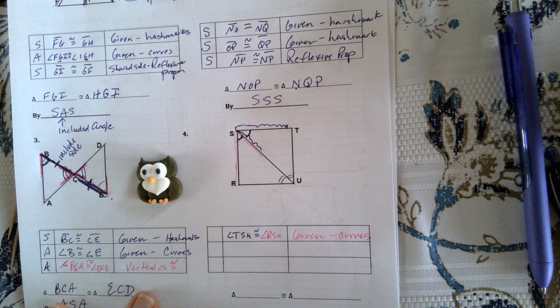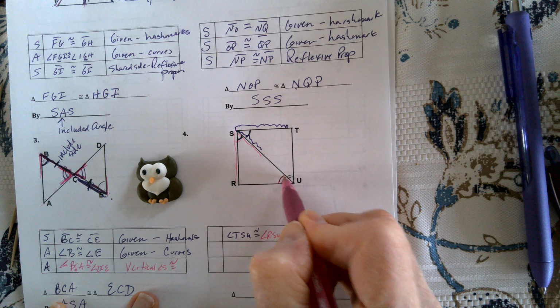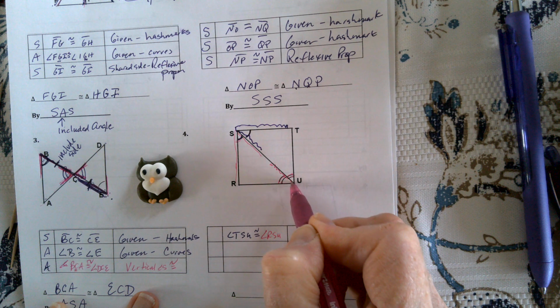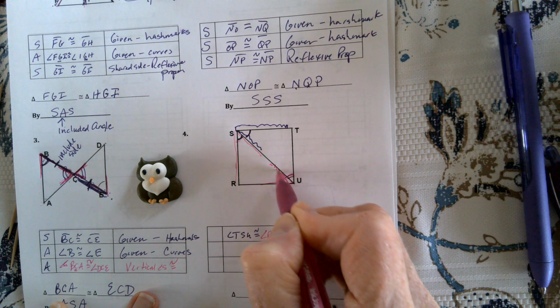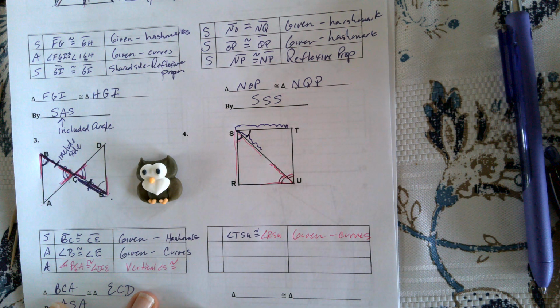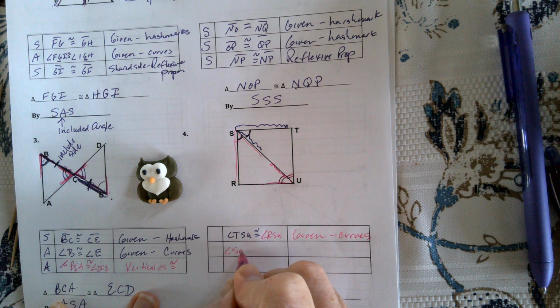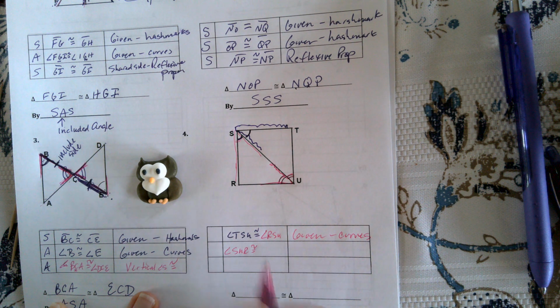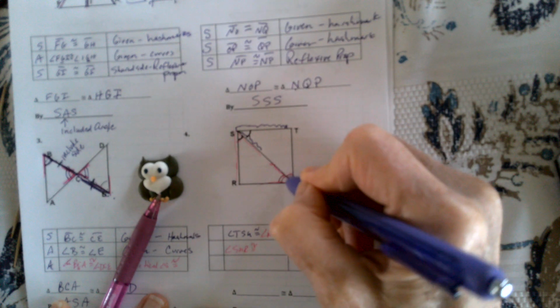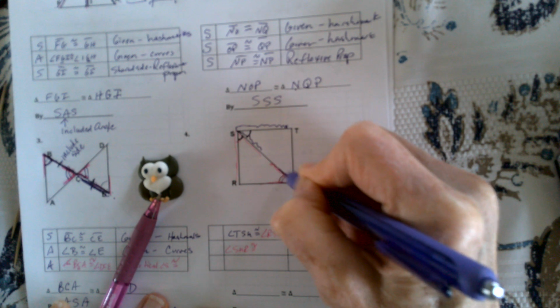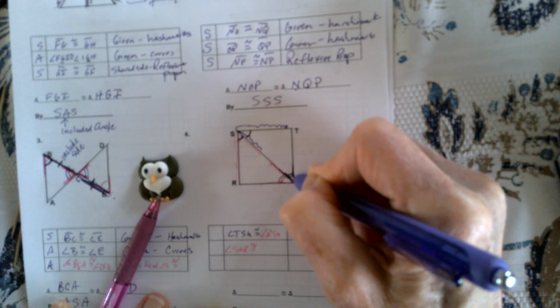Do the same logic down here. I've got this angle and this angle. This angle goes from here to here to here. More than one angle at vertex U, so I have to use three letters, SUR. Then when I look at this one, the ends of the curves are the sides of the angle.